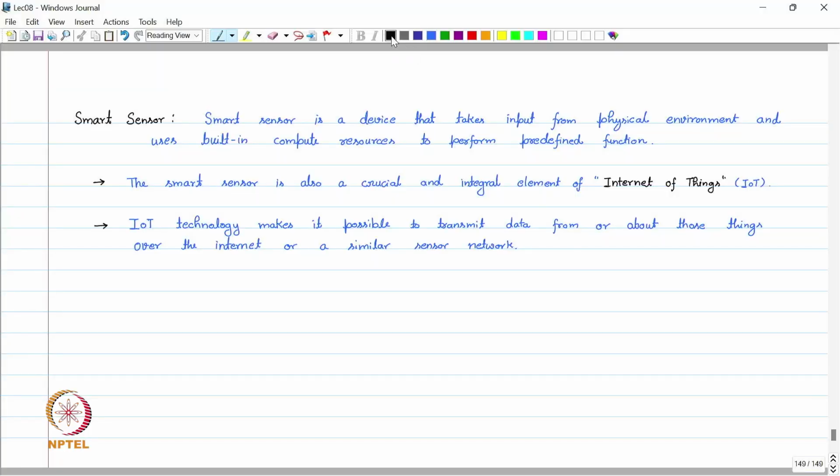So next we have the low power and low cost mobile processors.